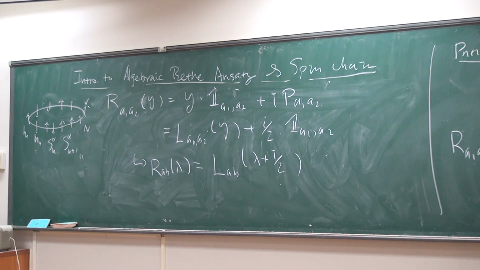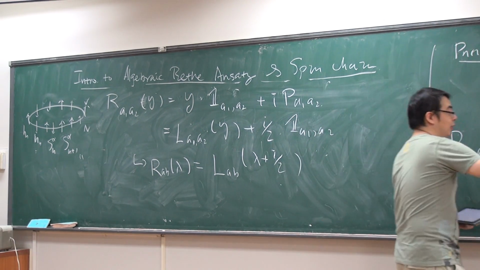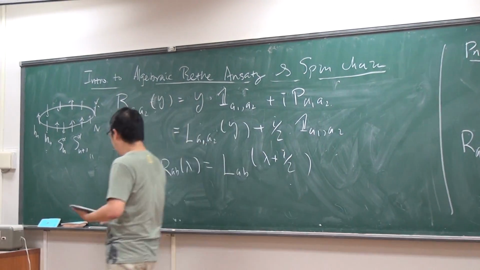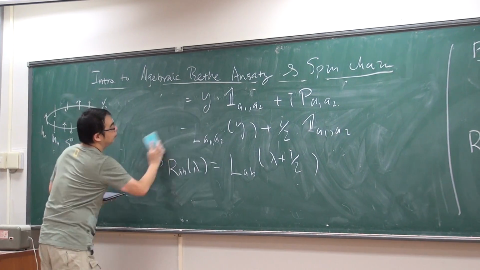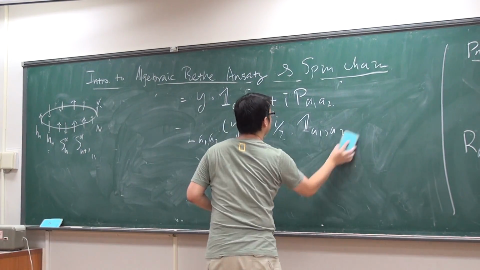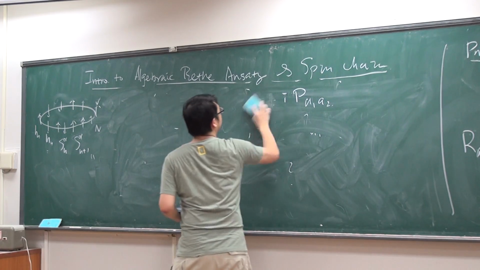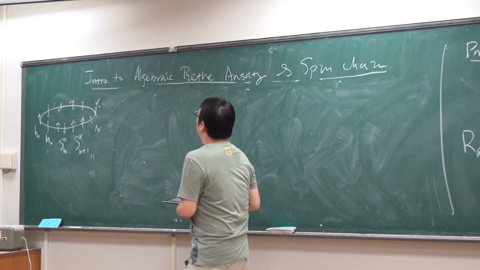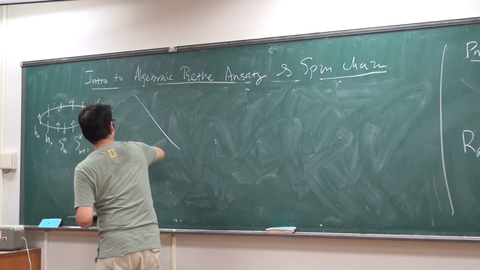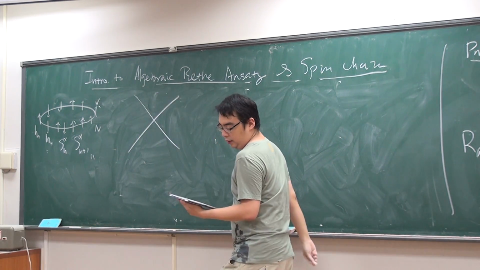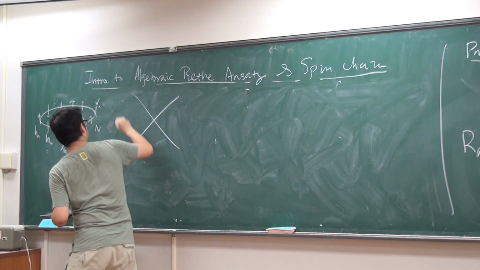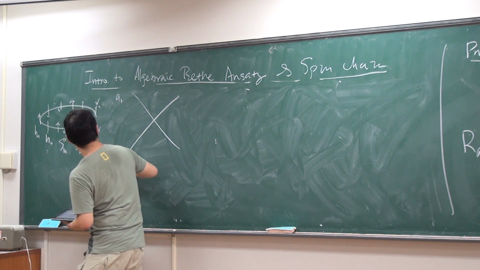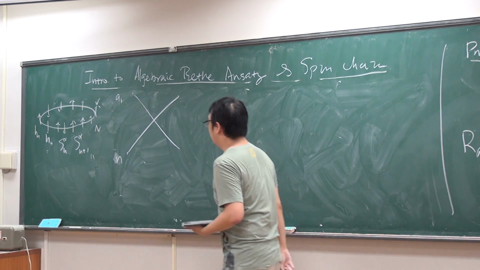Now we can do a graphical representation of this commutation relation. Basically, we represent each of those starting points as a kind of vector space.